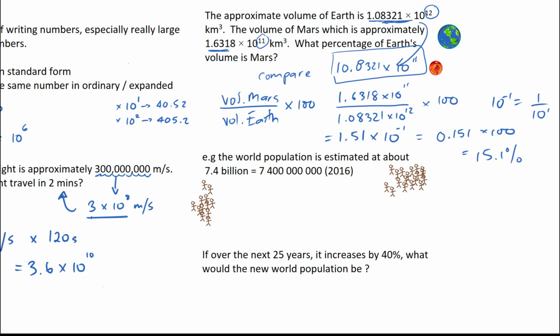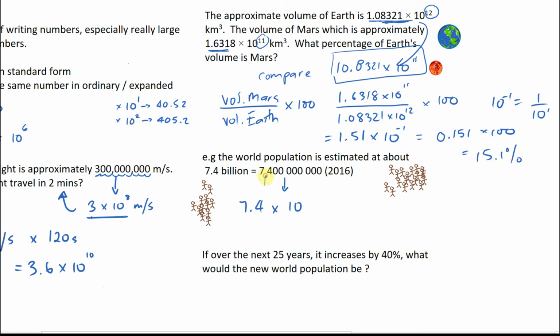Okay, a couple more examples here. So we're just dealing with really large numbers at the moment. The world population is estimated at about 7.4 billion people. So let's write this in standard form. So our number between 1 and 10 is 7.4 times what power?